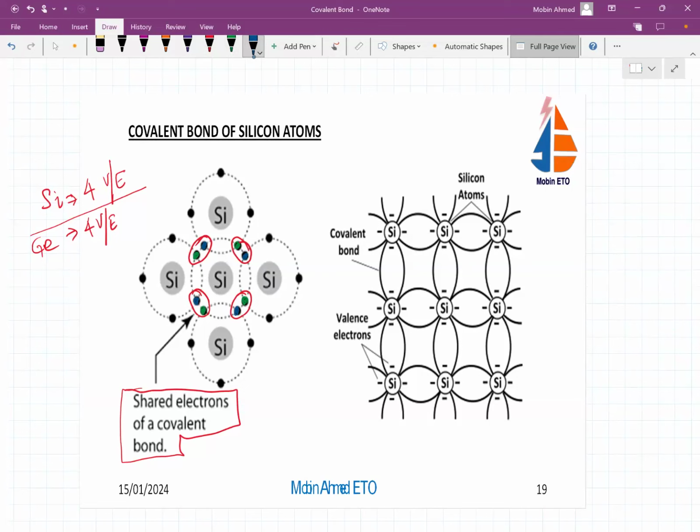Here, in the same way, this silicon is also going to take. So likewise, all the neighboring atoms will make a bond, and that is known as a covalent bond, generally shown with two lines like this. So these all are the bonds they are making, and this structure is known as a crystalline structure.